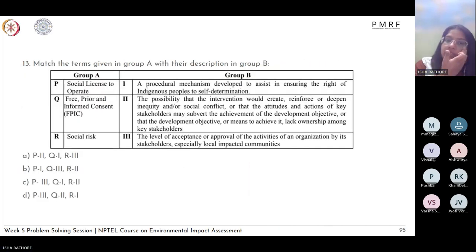So match the terms given in Group A with their description in Group B. So in Group A, you have certain terms, and in Group B, you have their description. So these are from the guidelines. If you understand the basic meaning of the term, you can have an inkling towards what that particular guideline means.